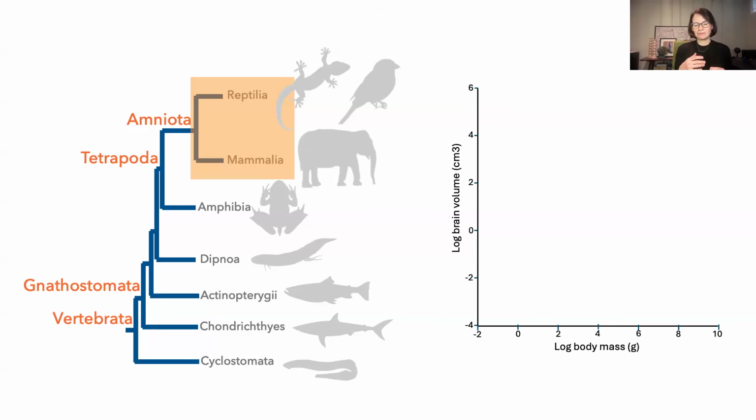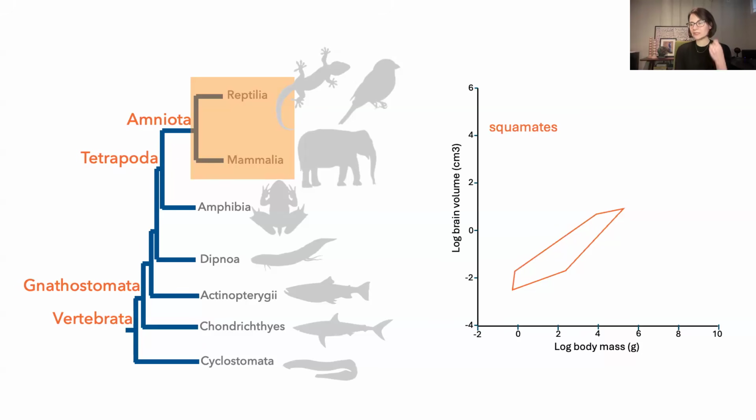And we can look at this a little bit more quantitatively. This is a chart of relative brain sizes. So along the X, or the horizontal axis, we have body size, and along the Y, the vertical axis, we have brain size. Just a very simple chart here.